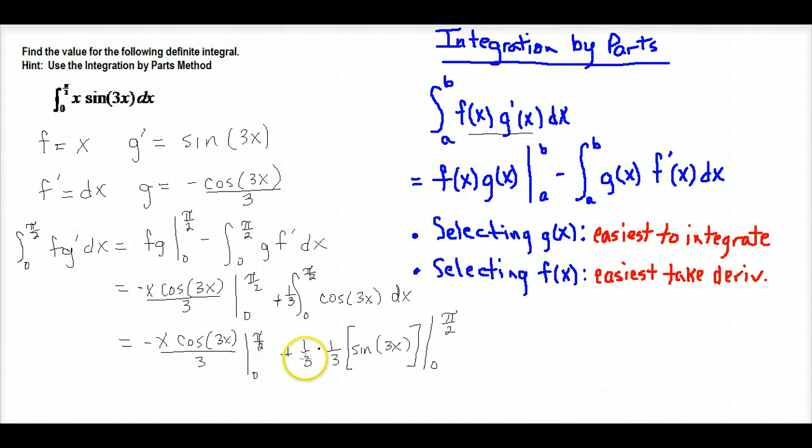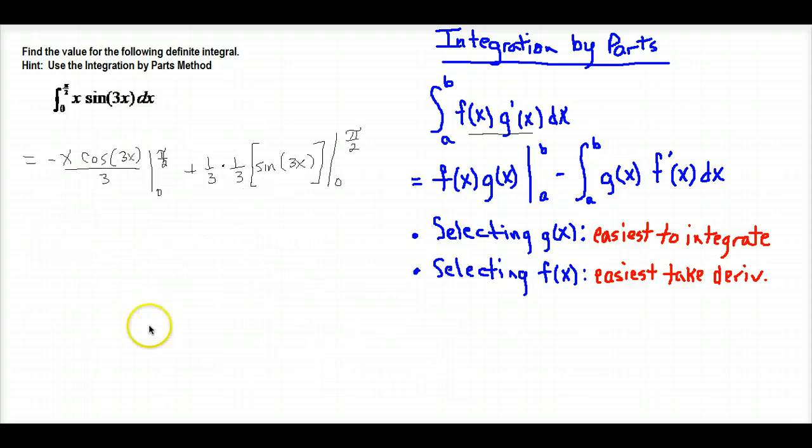So next we'll clear this out, give us some room, and finish up this problem. All right, so we've made a little room, so let's go ahead and complete this problem. We're going to take this first term here, evaluate for pi over 2, and then turn around and do it again for 0.